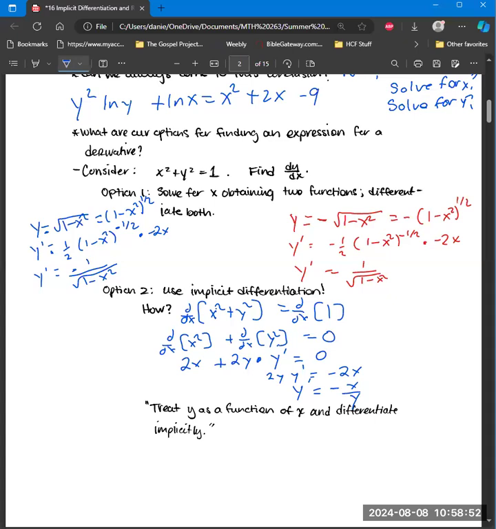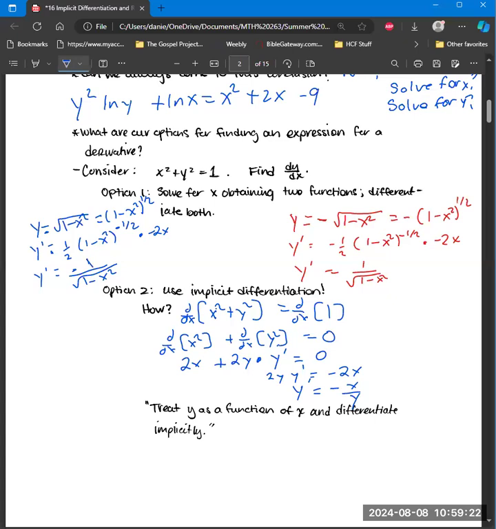Notice that your y in this case was a negative root of 1 minus x squared. So we'd have to put the negative in there to replace y. So that is a negative 1 over y there. And in both of these cases, I missed my x.